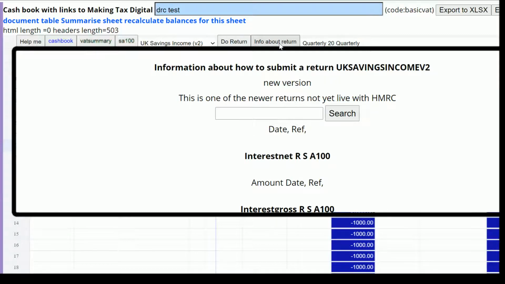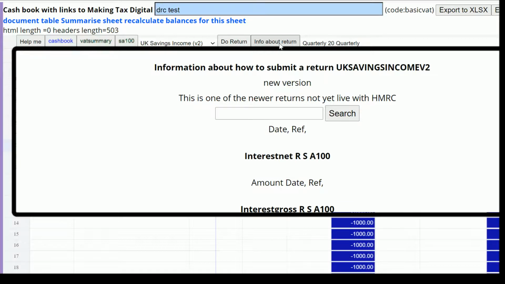So that's a rough go through all the different submissions that can be done for Making Tax Digital ITSA. And there are quite a few of them, but that's not surprising if you have potentially quite a few different types of income. Obviously, if you only have a very straightforward setup, with income from a limited number of sources, then you won't have to do one big submission with everything in it and mainly zeros, but you'll just do one smaller submission.